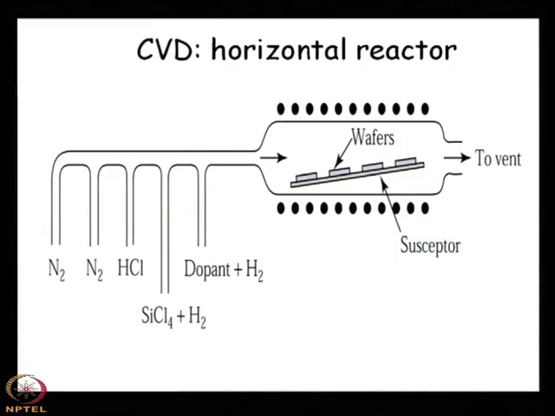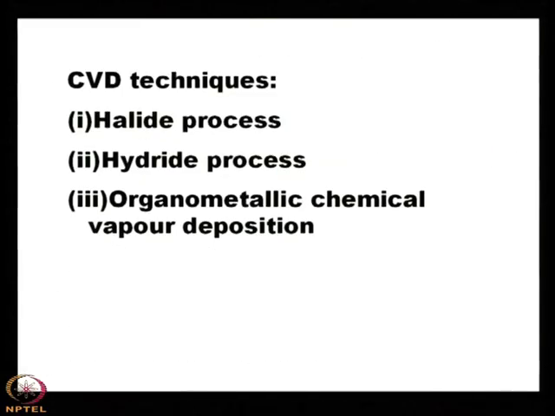Now, one important aspect: we have discussed that there are three CVD techniques. One is the halide, another is the hydride, and the third one is the organometallic chemical vapor deposition. So, we shall conclude today's discussion with some parts of the organometallic chemical vapor deposition.